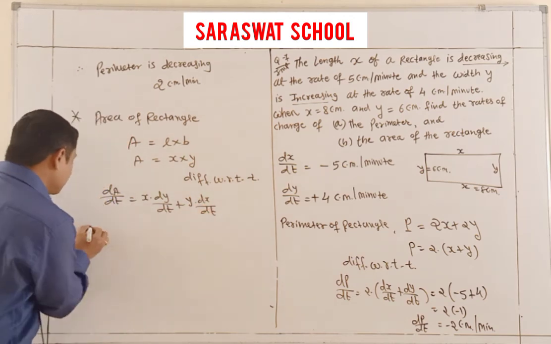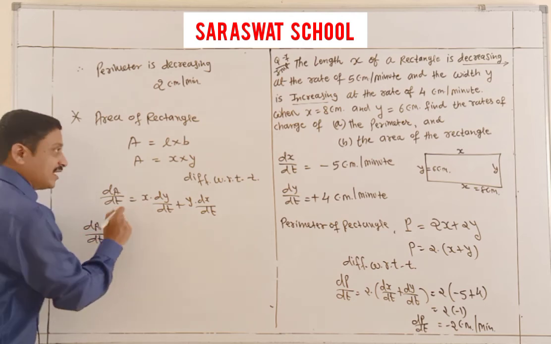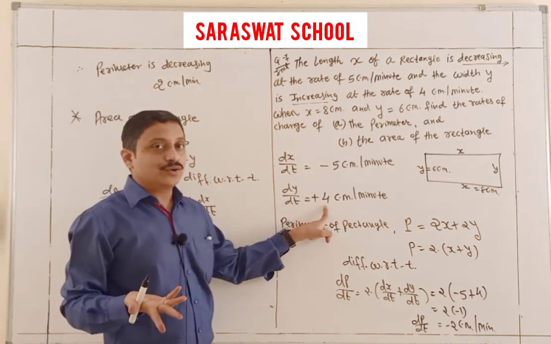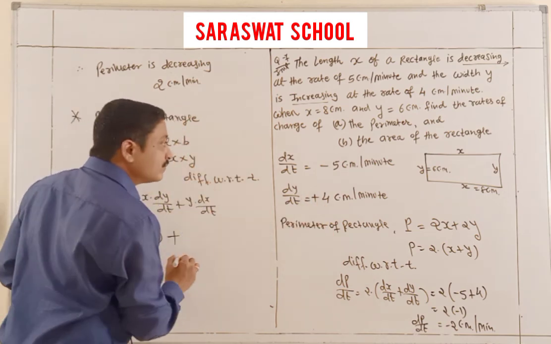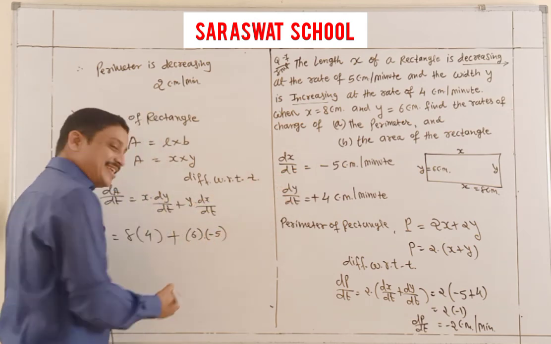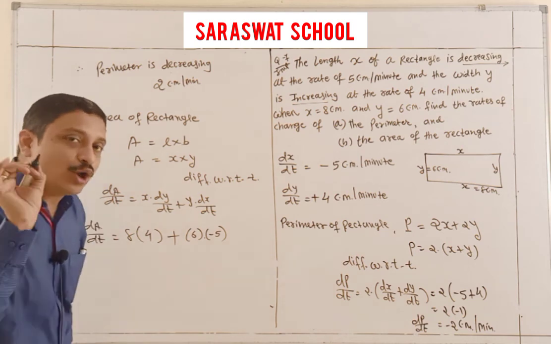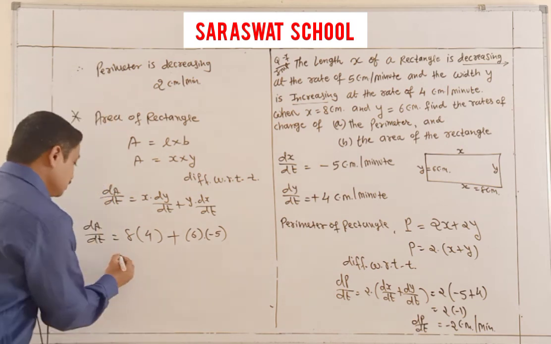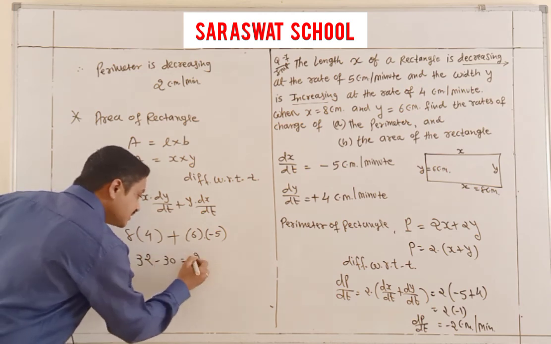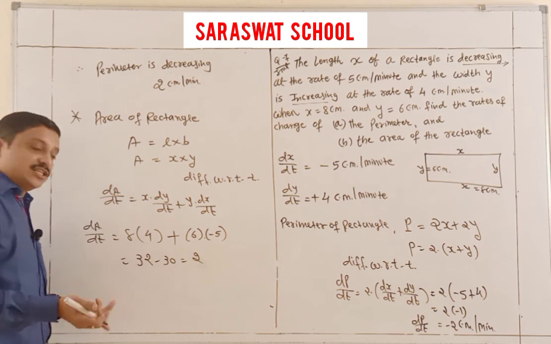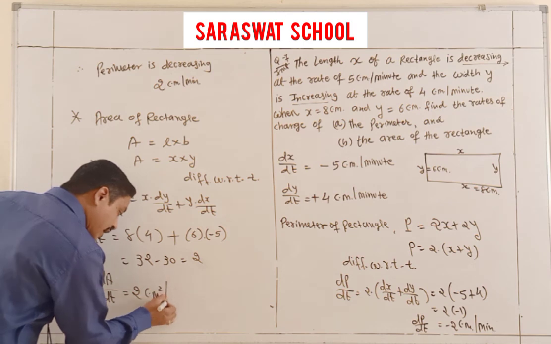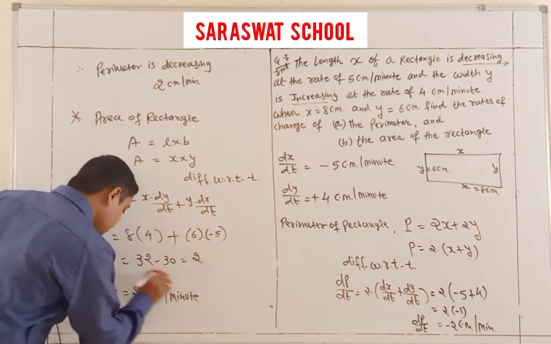And students, our numerical is finished. x how much? 8. dy by dt 4, plus y 6, dx by dt minus 5. Yes, minus indicates what? Only decreasing. So 8 fours are 32 minus 30. 2. Yes, 6 fives are 30 and 8 fours are 32. So my answer dA by dt is 2 centimeter square per minute.